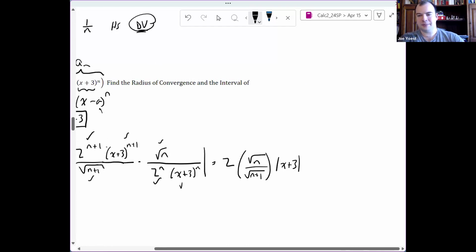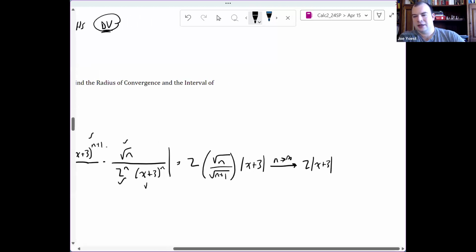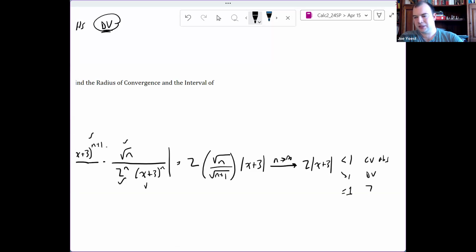And again, I ask what happens to this as n goes to infinity. This becomes 2 absolute x plus 3, since the root n over root n plus 1 goes to 1. And then I say if this is less than 1, converge absolutely, bigger than 1, diverge, equals 1, inconclusive.